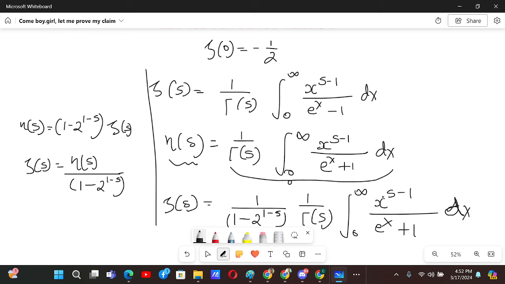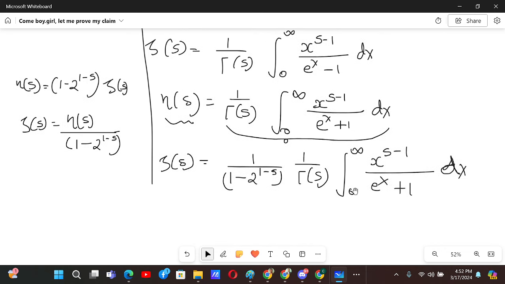We will use integration by parts, and then we will use the new formula that we get to find zeta of 0. Because if we try to solve it at s equal to 0 right now, we have gamma of 0, and we don't know the value of gamma 0.